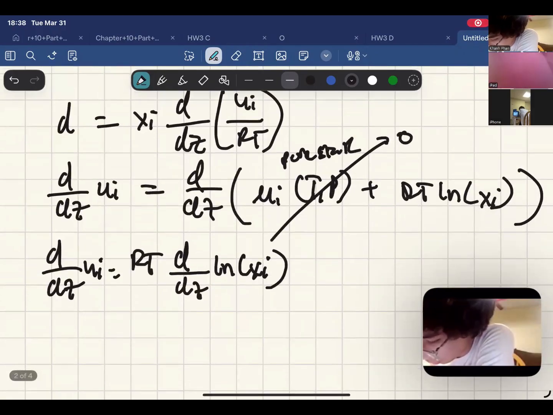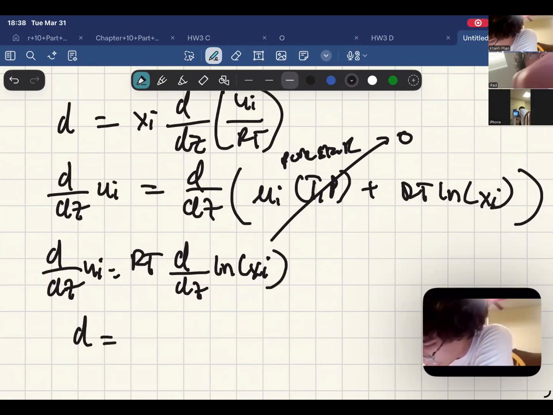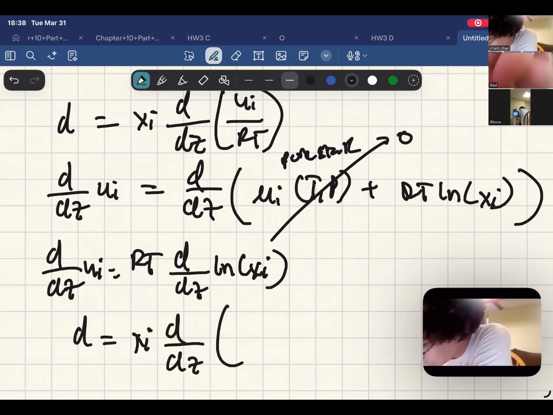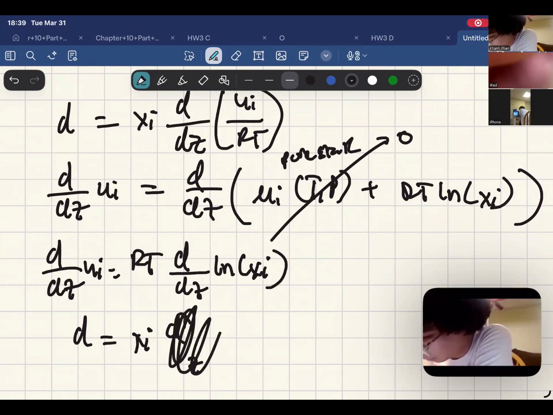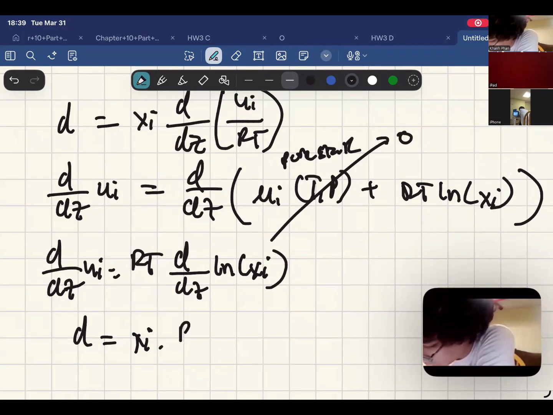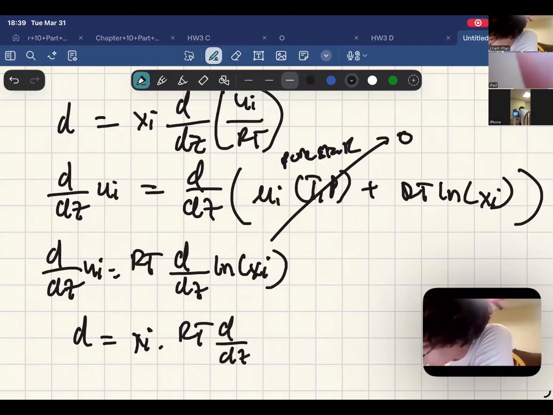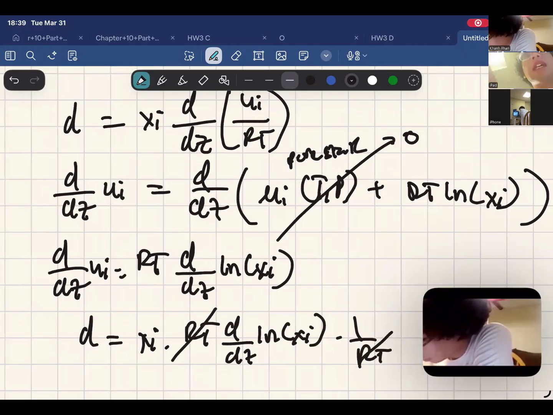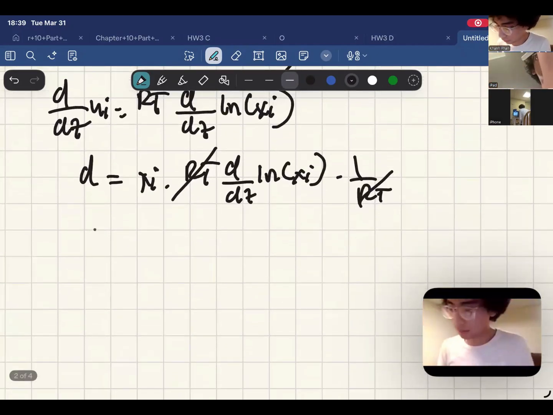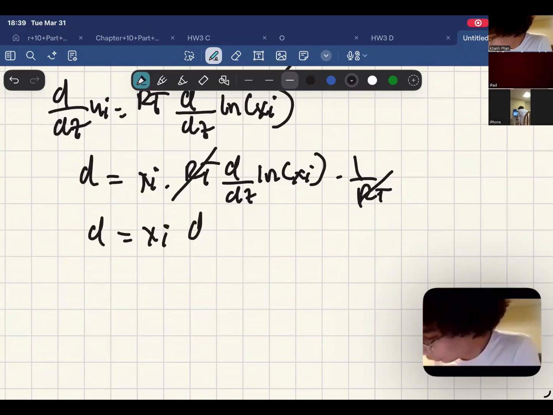So when we plug it back into our equation, the derivative of μ_i is just RT d/dz ln x_i, because RT is already a constant, times 1 over RT. So we cross-cancel this out, and we have the driving force as x_i d/dz ln x_i.